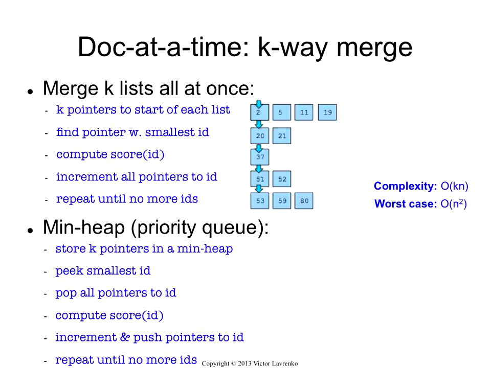And then once you've computed the scores, those pointers that you have popped, you increment them, so they will point to the next elements in their respective lists, and you push the incremented versions onto the heap. Right? And then you repeat that procedure until you have no more IDs.